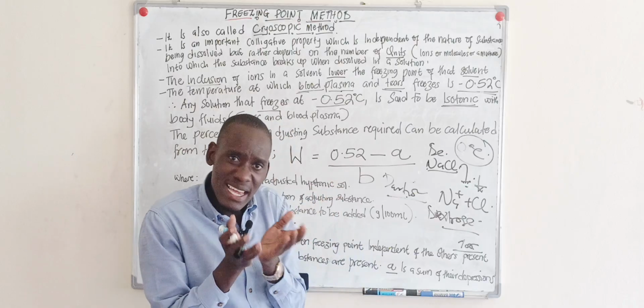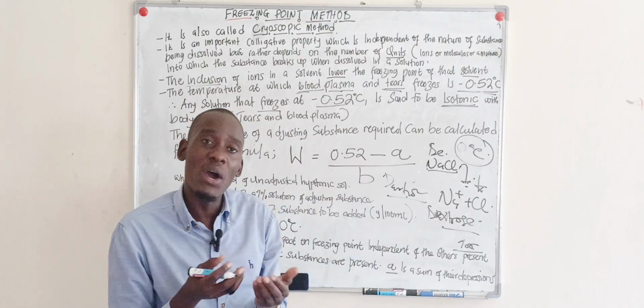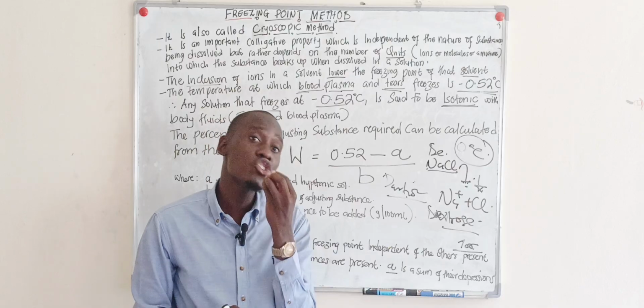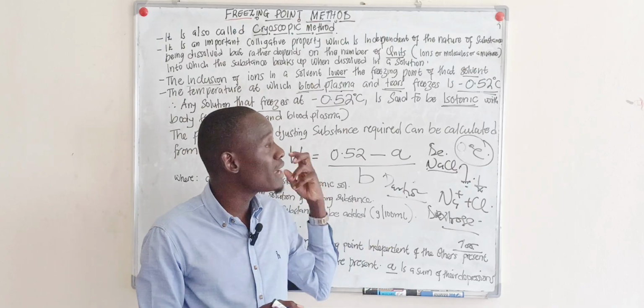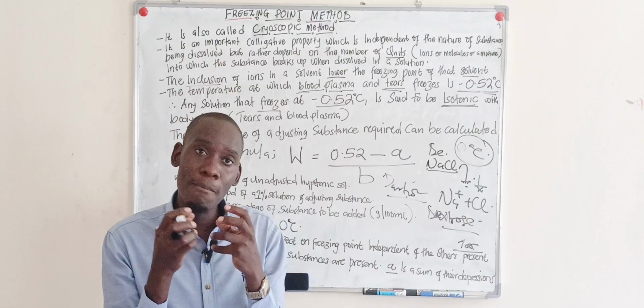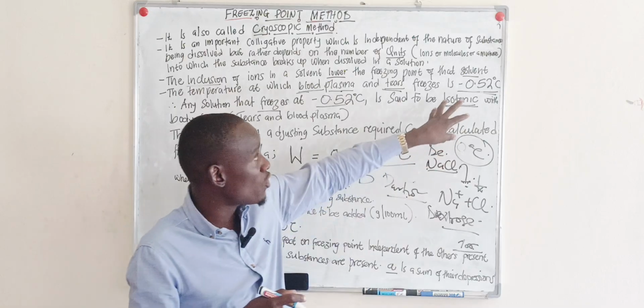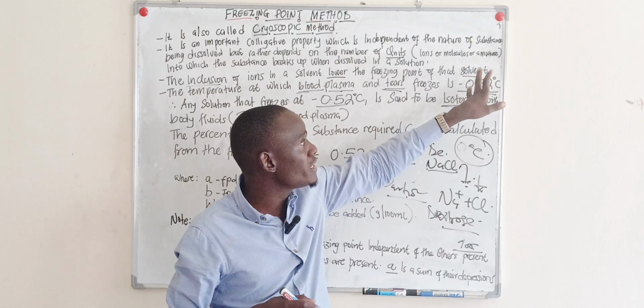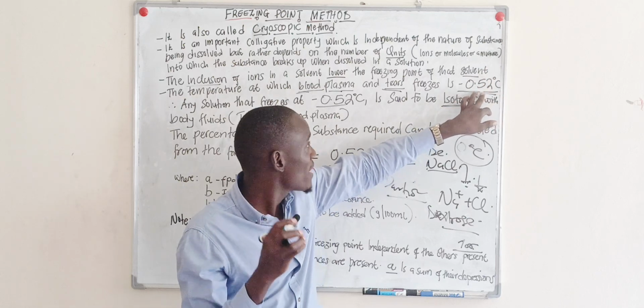And everything that we are meant to administer by intravenous infusions should be isotonic with blood plasma, or they should freeze at the same temperature as the freezing point of blood.